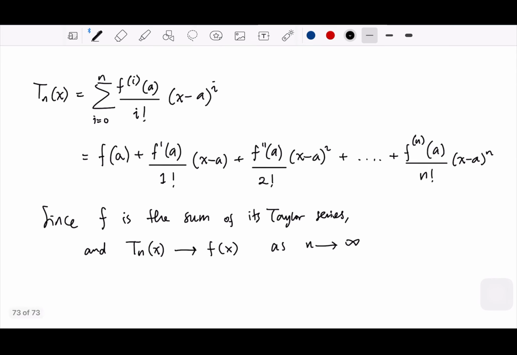So by doing so, I hope you get the idea that we can apply the sum to approximate our function.